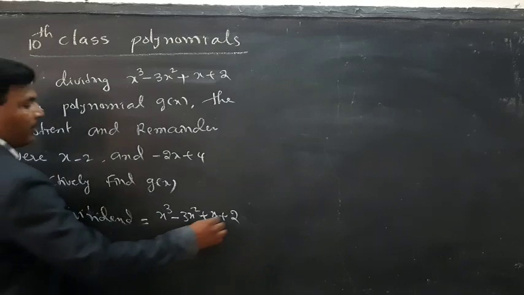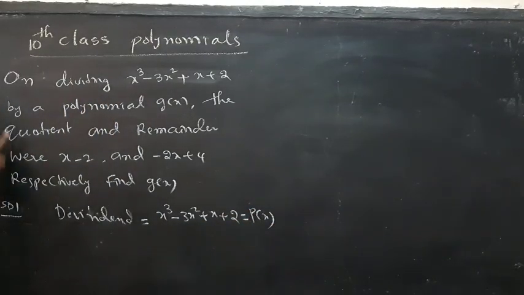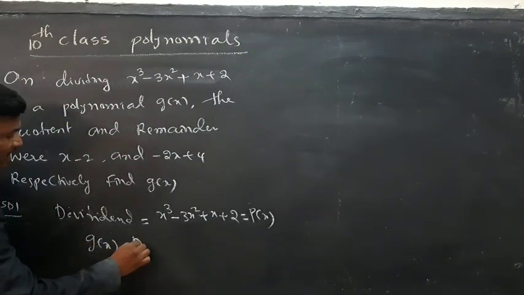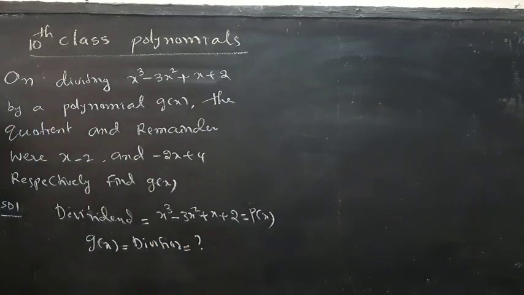So the dividend I am taking as p of x, then by a polynomial g of x, it means divisor. Then quotient, it means q of x.